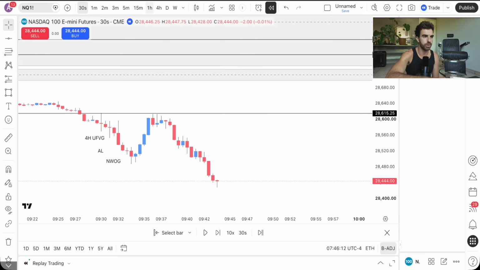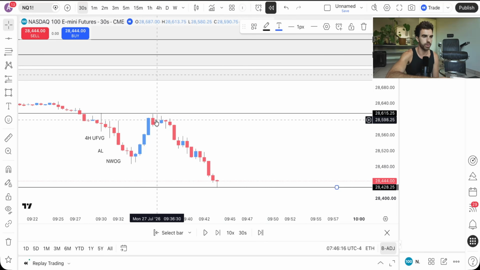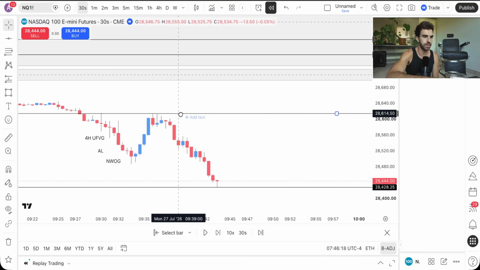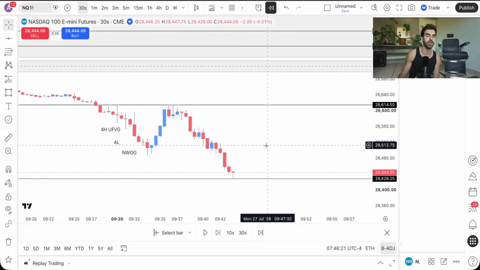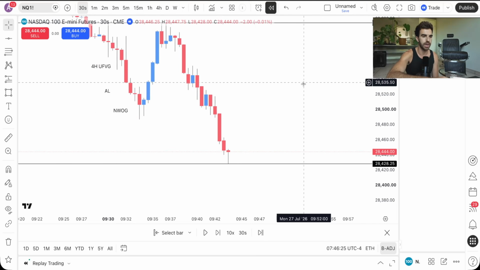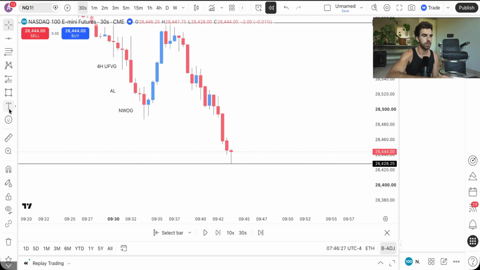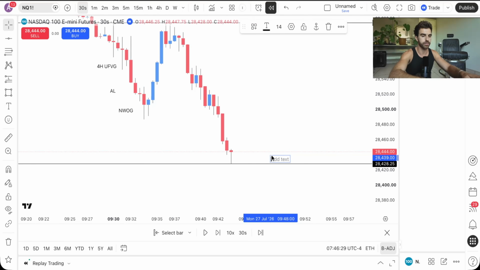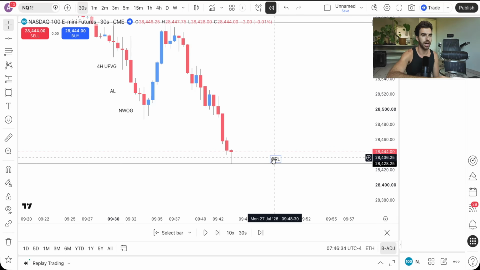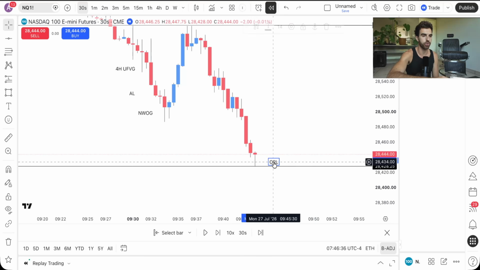And then right before 9:45, I like to mark out opening range low and opening range high, which is the high and the low created between 9:30 and 9:45. And one of my favorite setups as of lately has been price tapping in the 1 minute gap or a higher time frame gap right before opening range low.